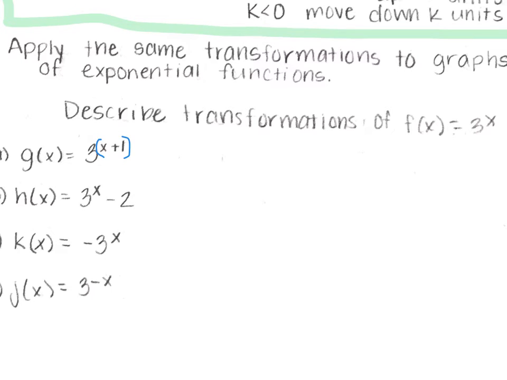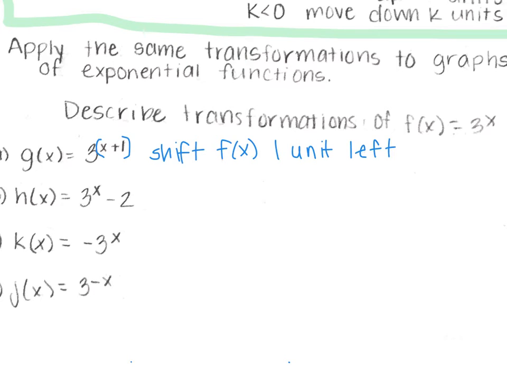So here we have a value of -1, which is actually going to tell us that we can get this graph by shifting f of x 1 unit left. Okay, so we need to shift that whole graph 1 unit to the left, and that's going to get us the graph that we have here.